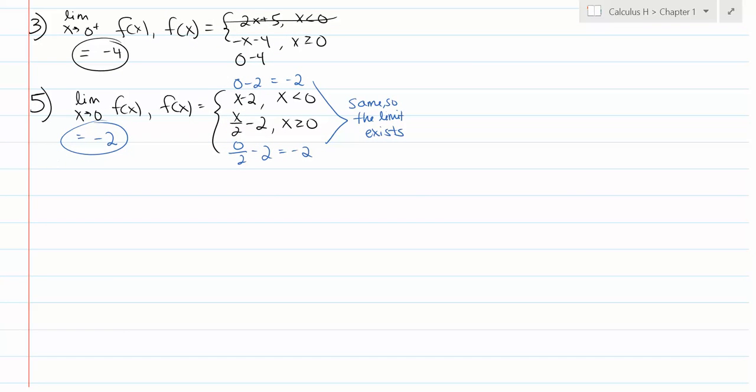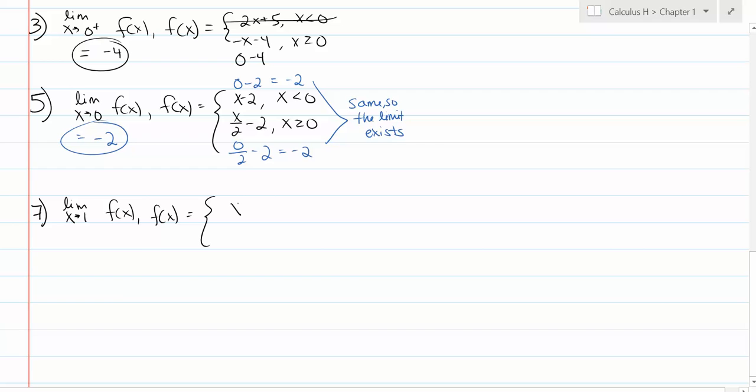Alright, we'll do a couple more together. Number 7. The limit as x approaches 1 of f of x, and I'm going to give you that f of x equals x plus 2 when x is less than or equal to 1, so that'd be from the left hand side, and then x squared minus 6x plus 8 when x is greater than 1.